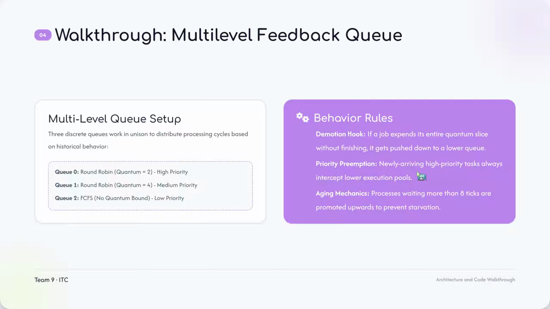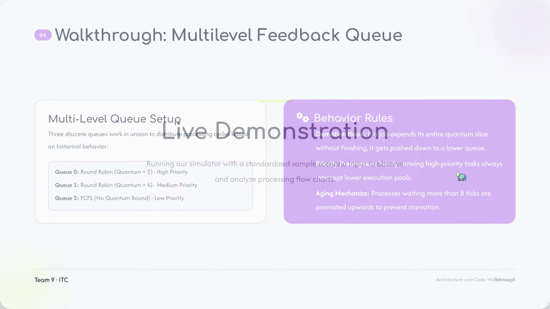This keeps the system highly responsive. And lastly, the aging mechanic: if a process sits in a lower queue waiting for more than 8 ticks, it is automatically promoted upward to prevent starvation and ensure that it will eventually get CPU time.